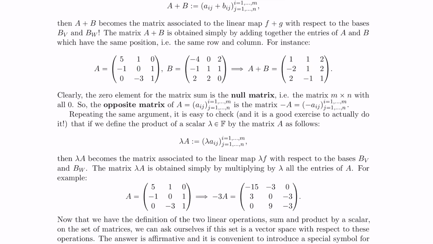By definition of matrix sum, we have clearly that the 0 element for the matrix sum is the null matrix, that is the matrix with all 0 entries.